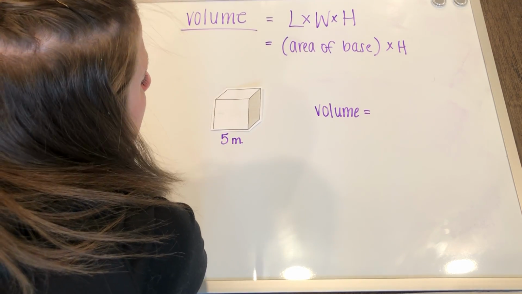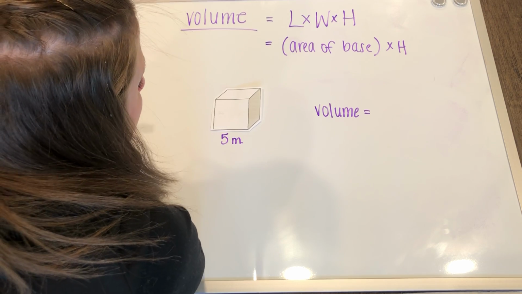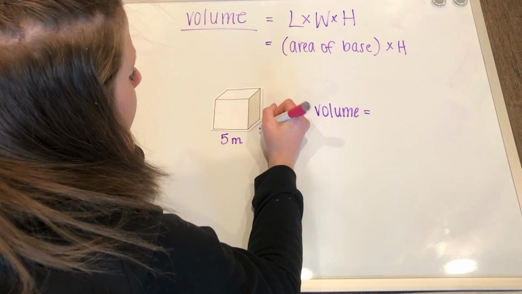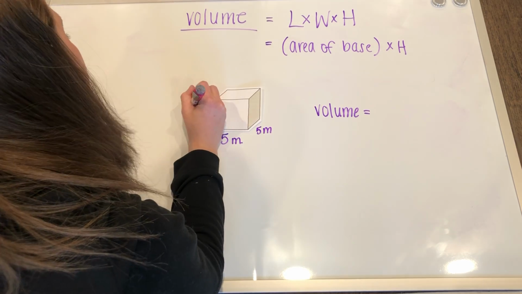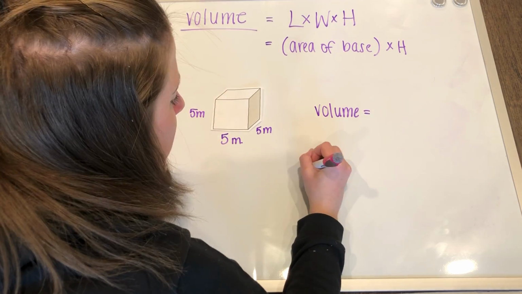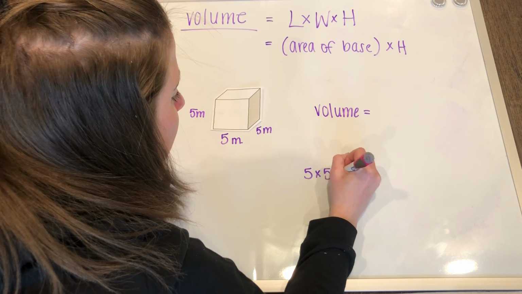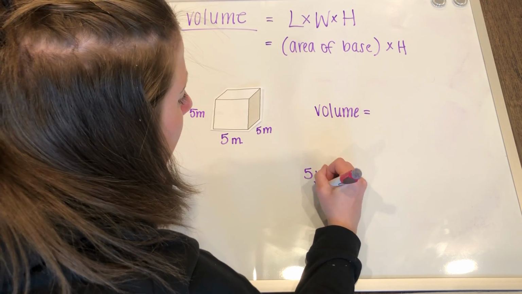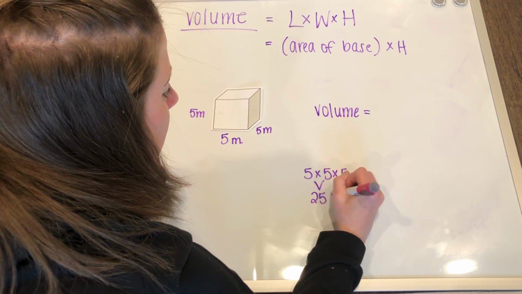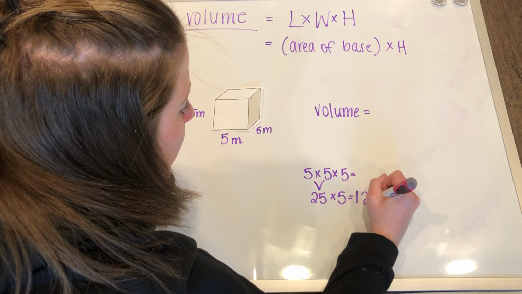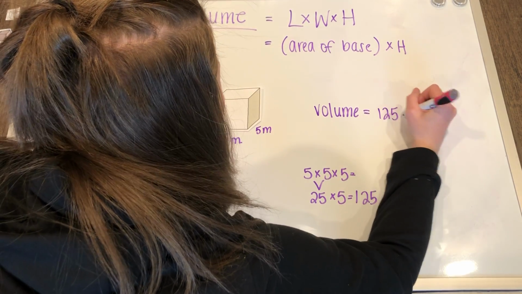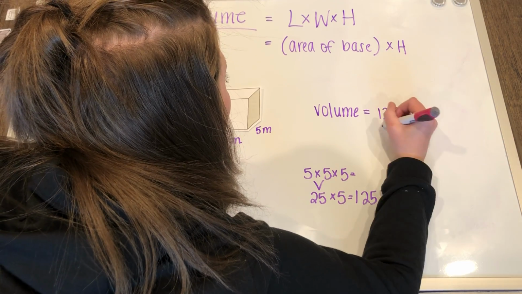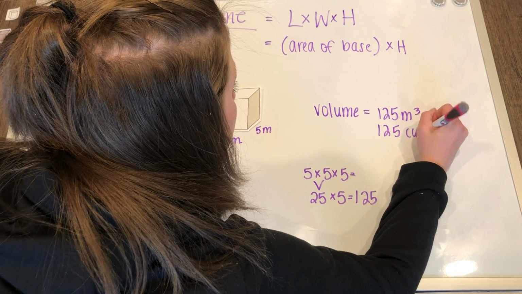We know that with cubes, every side is the same length. So our length is going to be 5 meters, our width is going to be 5 meters, and our height is going to be 5 meters. So all we have to do is just multiply 5 times 5 times 5. Well, 5 times 5 is 25, and then times 5 is 125. So our volume is 125 meters cubed, or 125 cubic meters.